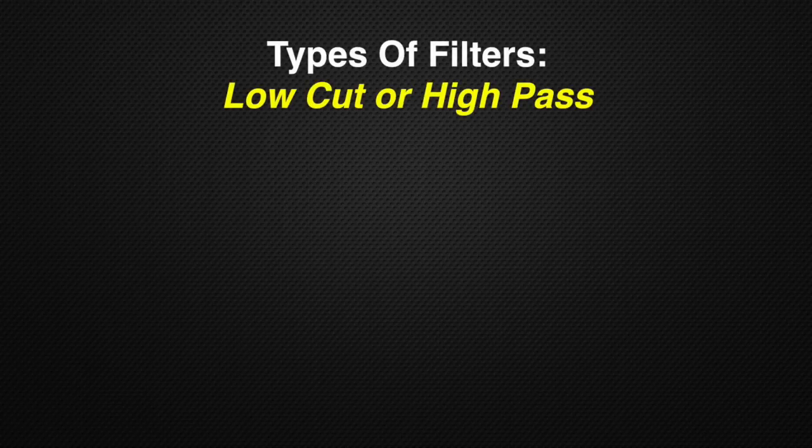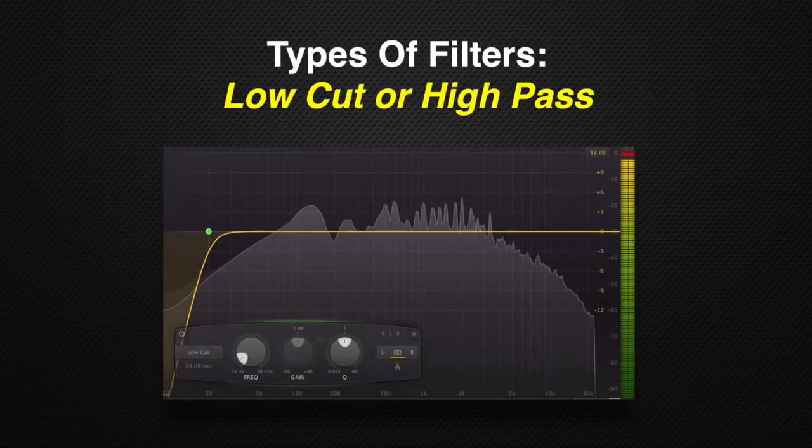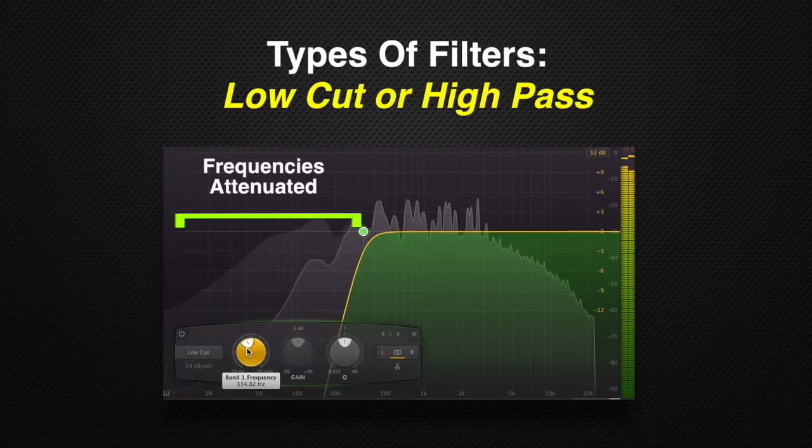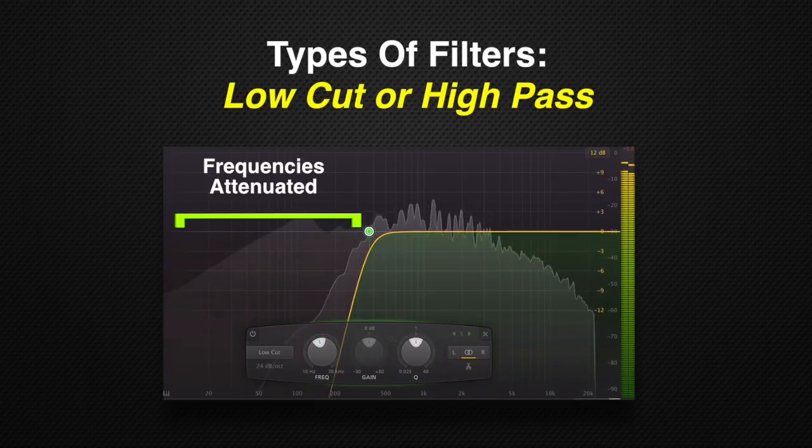The next parameter are the filters that you can choose for your equalizer. The first filter is the low cut or high pass filter. The high pass filter only lets the high frequencies through and attenuates frequencies after the frequency that you have selected.